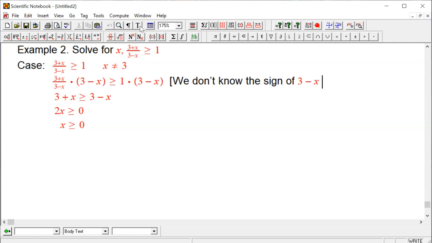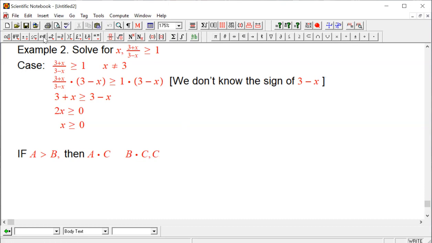Why is that important? Remember we talked about this: if A is larger than B, then when we multiply A with the number C, versus B multiplied with the number C at the same time, of course we know that C has to be not 0.